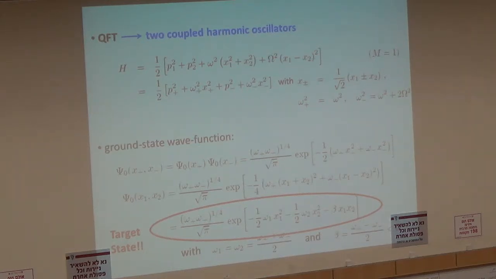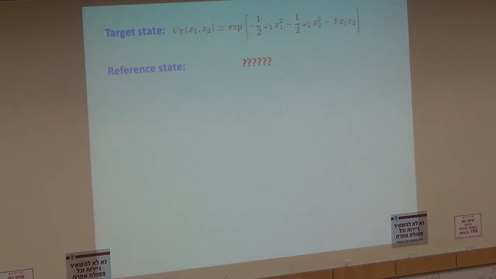But we're supposed to build that state from a simple reference state. And so what am I going to use as a simple reference state? Well, again, I'm going to use a Gaussian, but a Gaussian where that cross term disappears, and so there is no entanglement between the two masses. I'm also going to introduce a new frequency, omega naught, that's just some independent parameter.